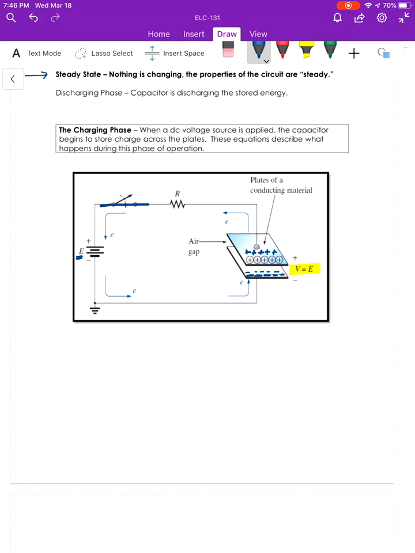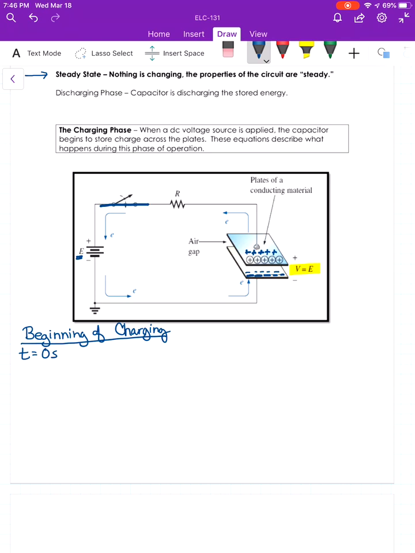Okay, so when we close the switch, this is the beginning of the charging phase. And we will call that t equals 0 seconds. That means we just close the switch.